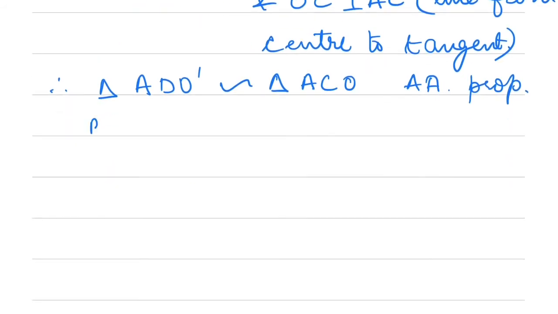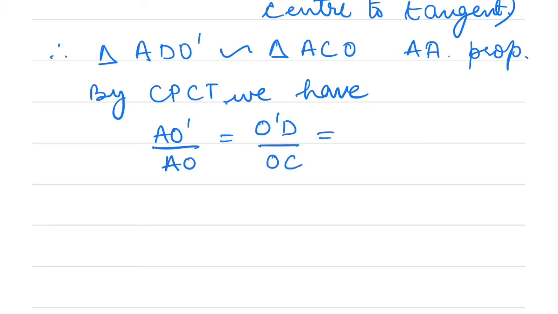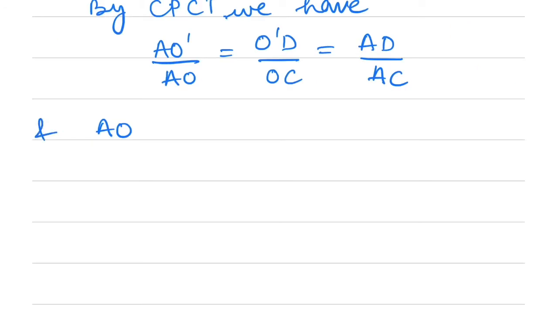So by CPCT, we have AO dash by AO is equal to O dash D by OC is equal to AD by AC, and AO dash is equal to R, and AO will be equal to 3R, because the diameter of one circle and radius of other circle, so 3R.